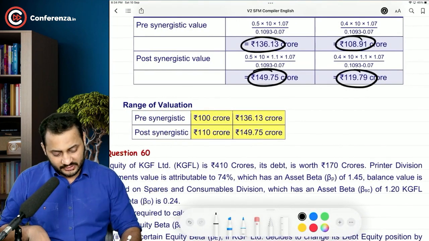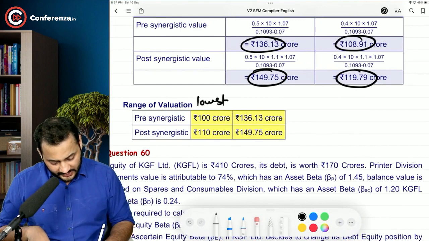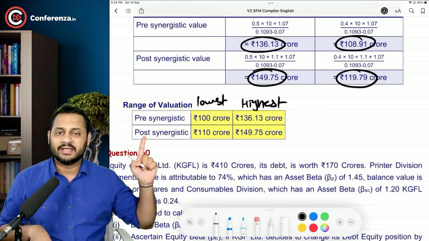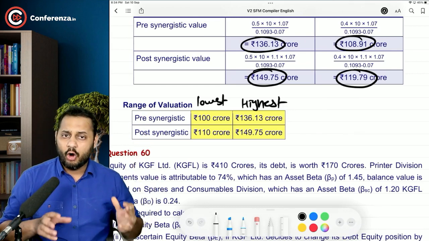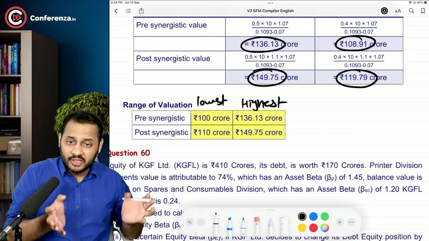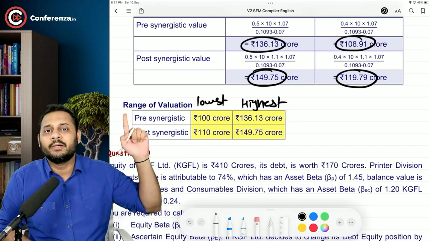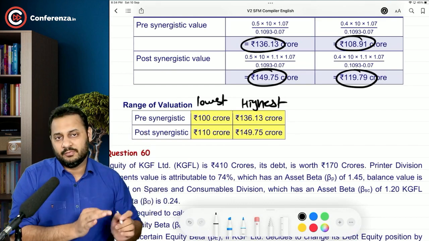What they have taken is the lowest and highest in pre-synergy, plus the lowest and highest in post-synergy. That's it. All the other values that we have left come in between the lowest and the highest range. So this becomes the range of KLM.